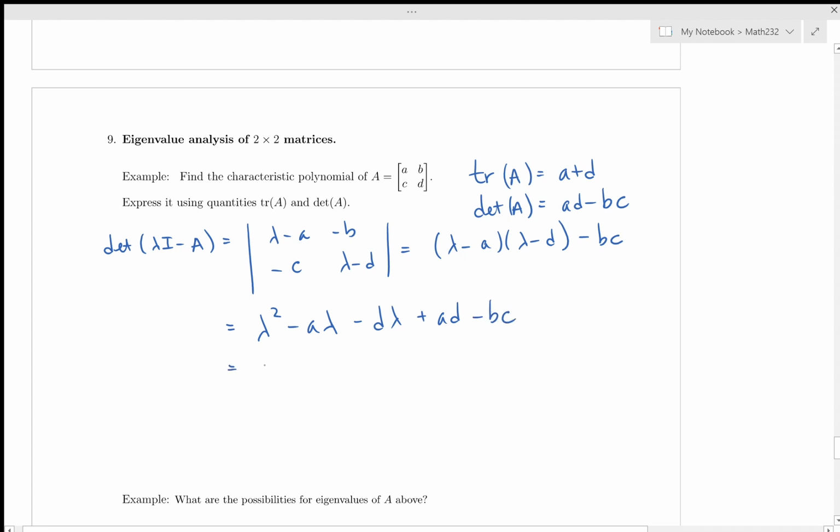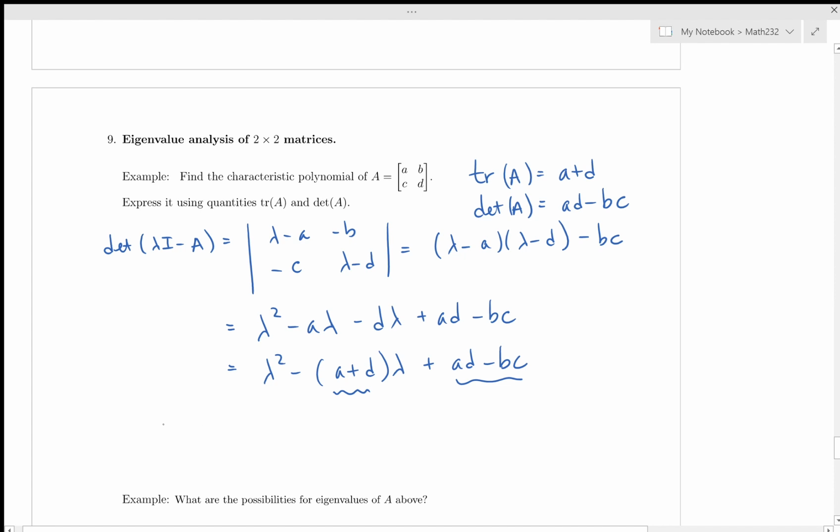That is lambda squared minus (a plus d) lambda plus ad minus bc. And so our trace is sitting right there, and our determinant is sitting right there.